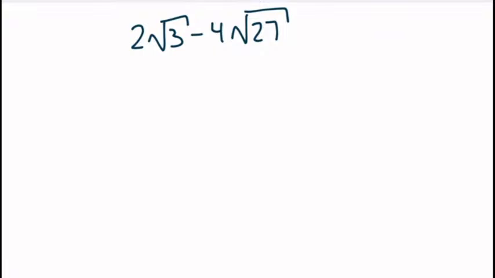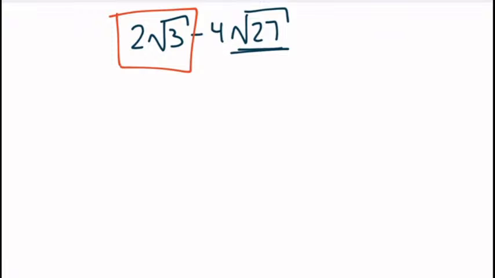Now the next problem I have is 2 radical 3 minus 4 radical 27. Since we just did a problem with a radical 3, we know it's in its simplest form. So we divide 27 by 3 to see if we can make the whole problem radical 3.